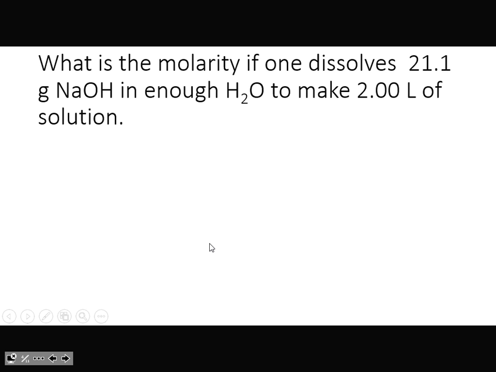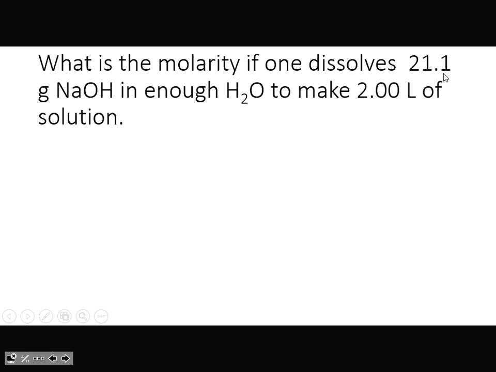How am I going to tackle this one? Like I said before, we don't have scales that measure moles, so I have a scale that measures 21.1 grams. I've got to convert that into moles. So you're going to need to find the molar mass of sodium hydroxide and convert 21.1 grams of sodium hydroxide into moles. Pause the video, do that, and I'll be back.